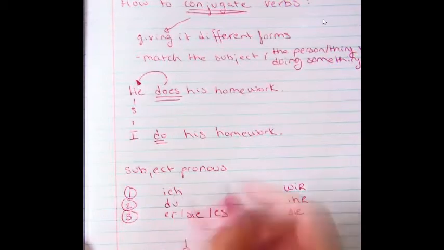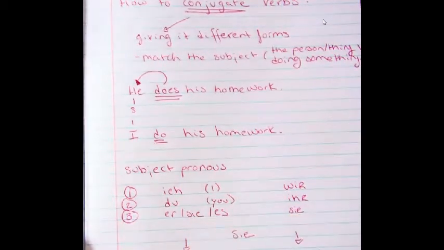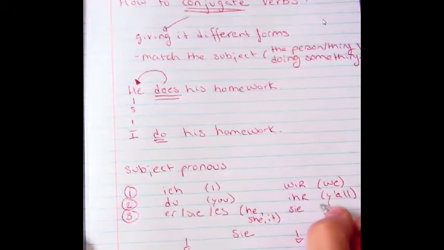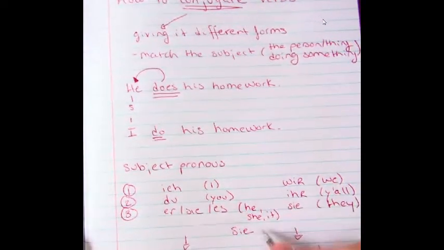So in English you would have I, you, he, she, and it, we, I'm going to make this a y'all, just to be clear, so that's your you plural, and they. This last one we don't have in English, but this is the you formal. So those are the subject pronouns.